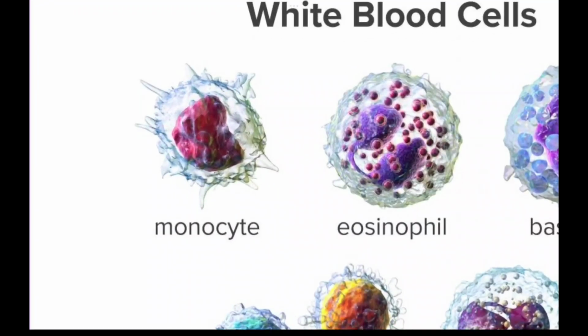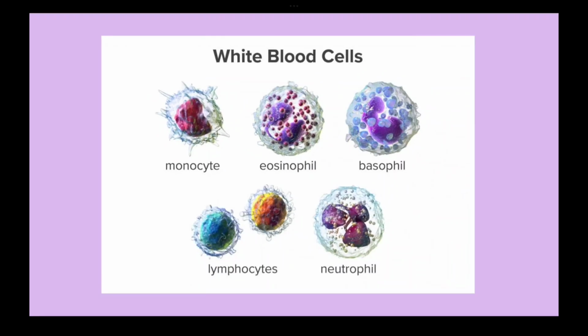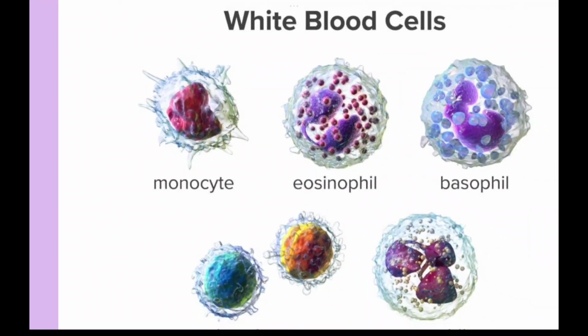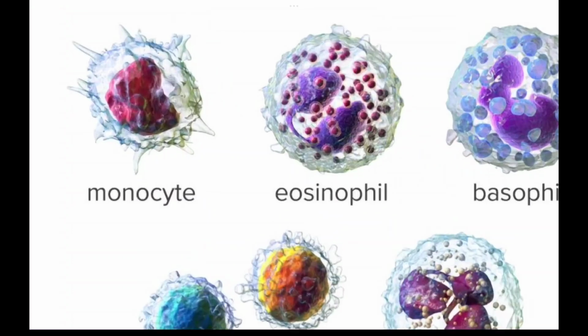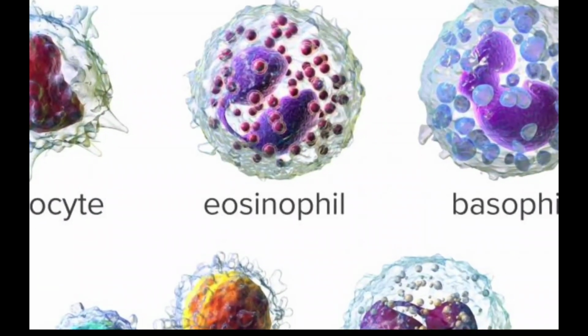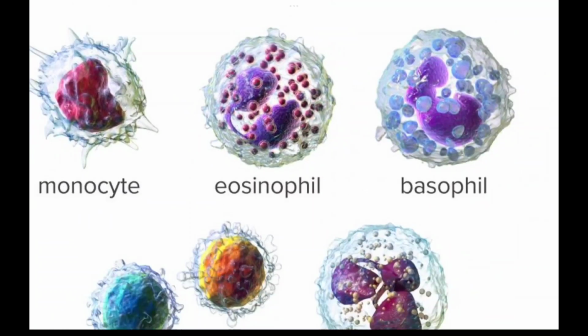The monocytes have a single large nucleus and are involved in antigen presentation and phagocytosis. Eosinophils have pink or lilac granules and a headphone-shaped, bilobed nucleus, so there are two lobes of nuclei.